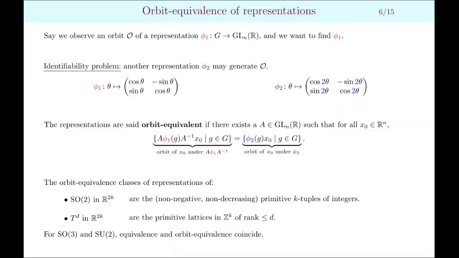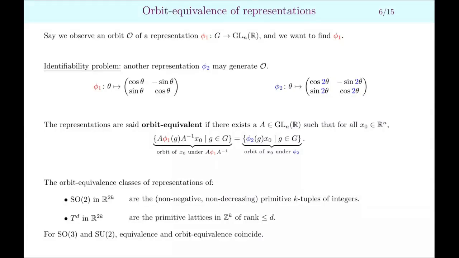It is not always possible, because two distinct non-equivalent representations may have the same orbits. A very simple example is these two representations of the circle, SO2, in the plane. The orbits will be circles. It doesn't matter for the point cloud to turn around once or twice.